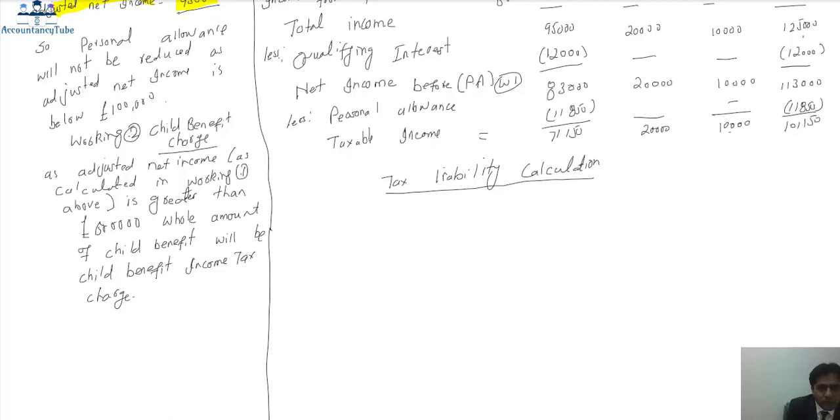First of all, we'll have to calculate the tax on the non-savings income. That's our preference. On non-savings, we know that there are different bandings given to us, and then bandings will be extended by the gross amount of the personal pension contribution. Okay, now we have to do the working 3 here.